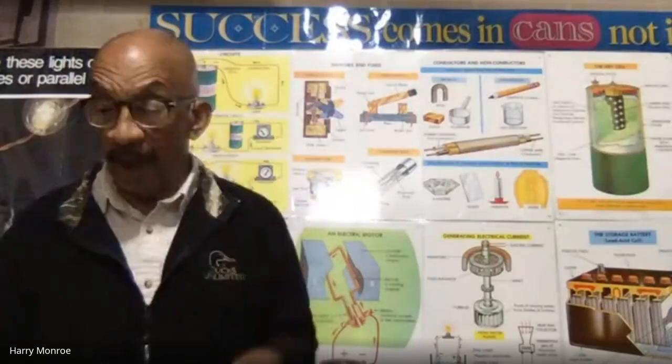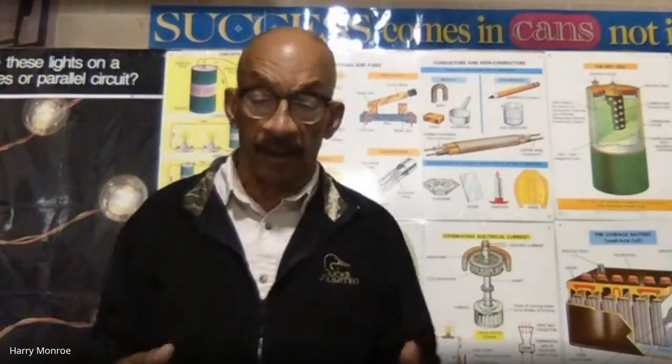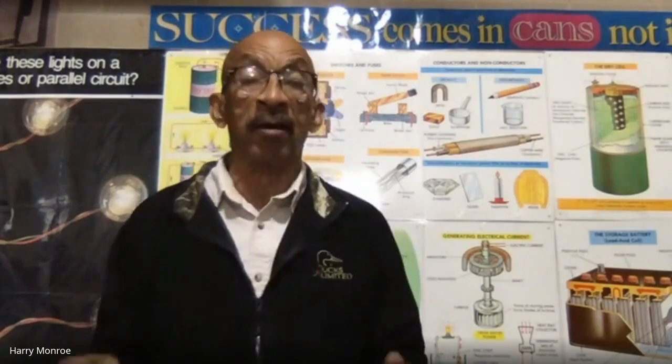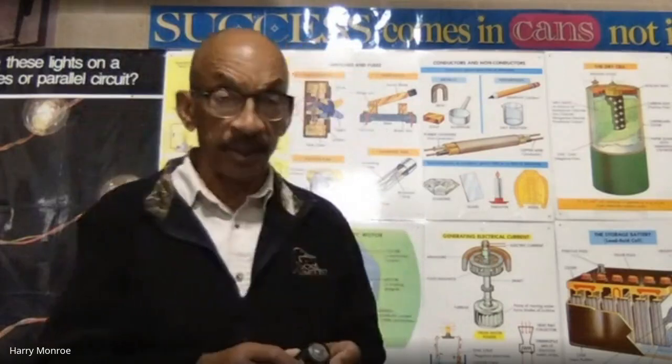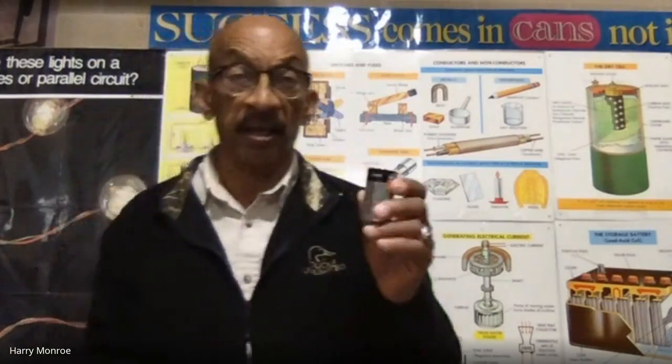There are a variety of circuits, but the one that I'm going to demo today is a very simple closed, or what we call a complete, circuit. Now, there are several materials involved. For the electrical energy source, we're going to be using a D-cell battery with around 1.5 volts.